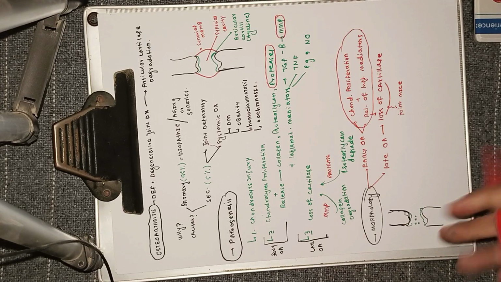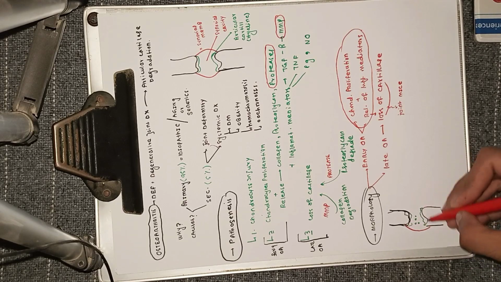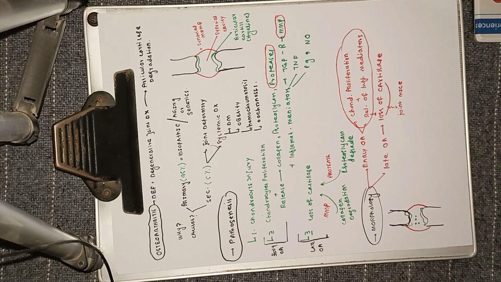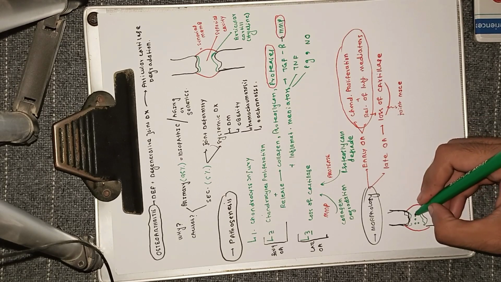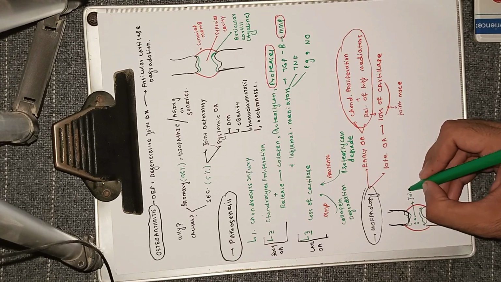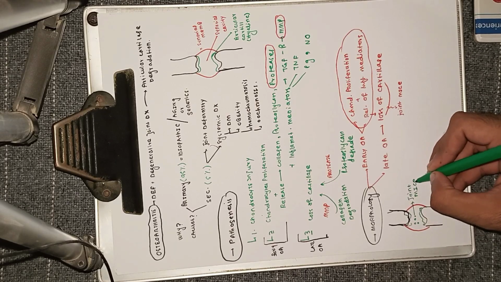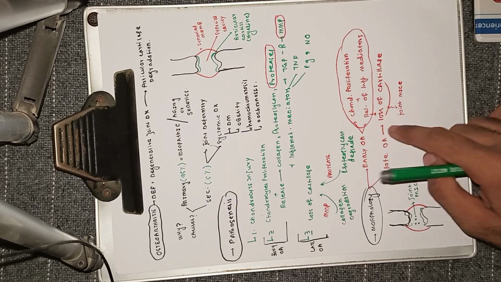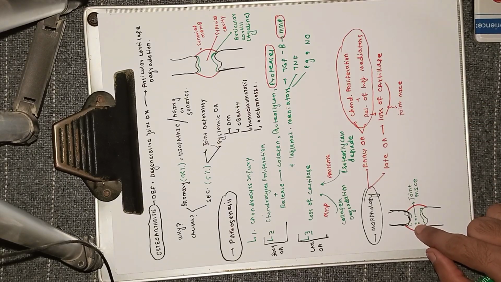Here again is the synovial membrane. These broken pieces of cartilage are called joint mice. As I mentioned, cartilage is lost in small pieces. These are called joint mice.